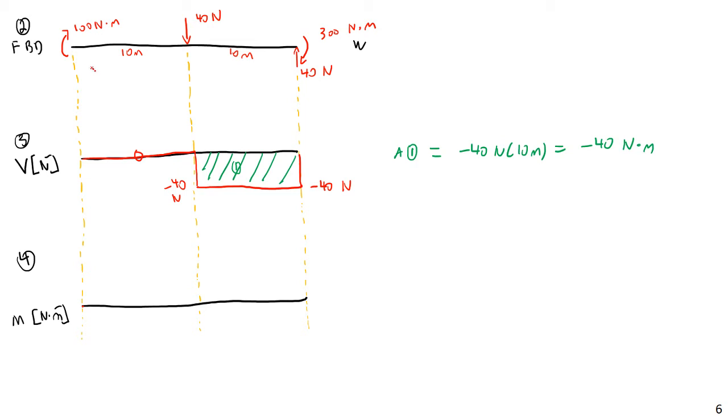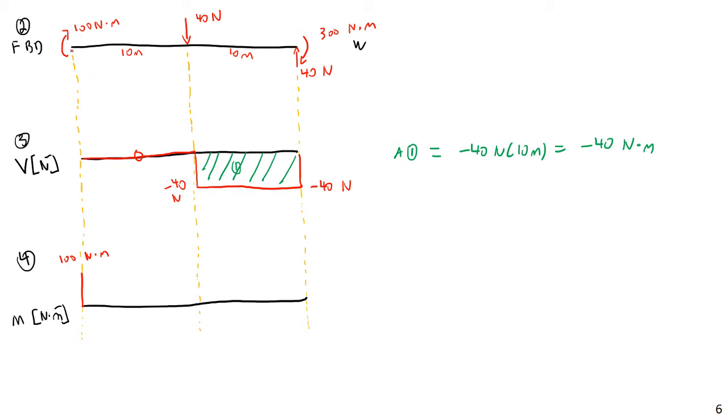So this is a negative moment, so that means this is going to increase by 100. The internal moment is going to be opposite the applied moment. So if we're applying a negative, we get an internal jump in the positive direction. So this is going to jump up to positive 100 Newton meters.